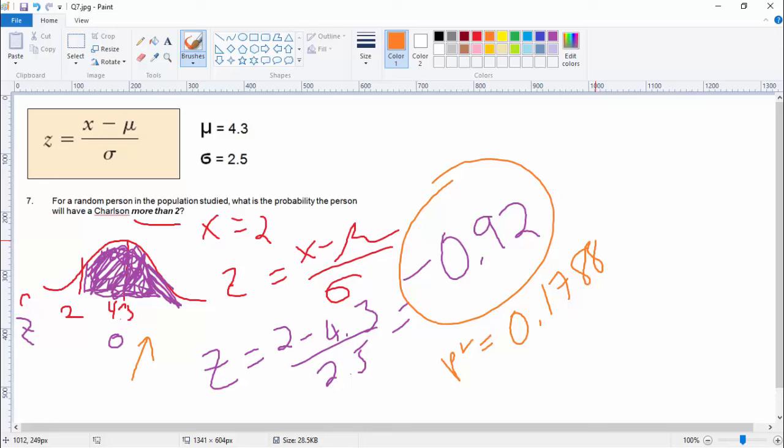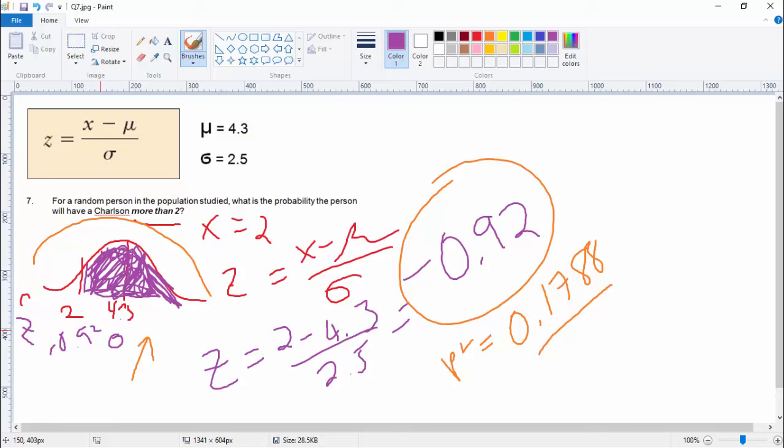This is actually saying what proportion of this big blob is at z equals negative 0.92, because basically what you just figured out is that here, Charleston was at 2 and then 4.3. And then in Zealand, we had 0 at Port Farm, but we didn't know what to put it at. Well, that's actually negative 0.92.